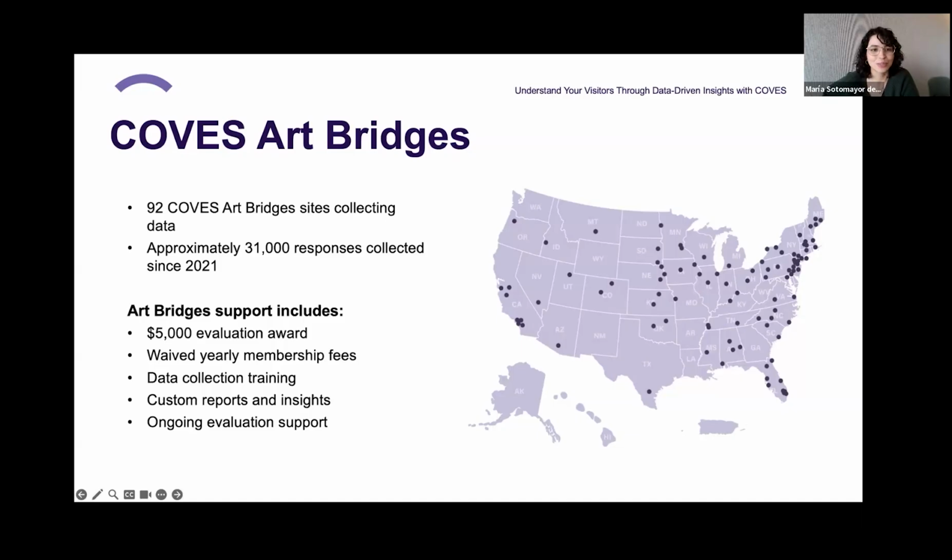Another thing that Art Bridges support includes is this really nice $5,000 evaluation award. And as long as you hit your data targets for your year, you'll be able to receive and renew that $5,000 award. We also waive yearly membership fees. We provide data collection training. We offer custom reports and insights.